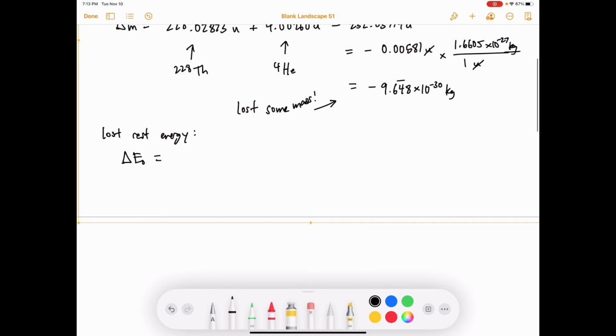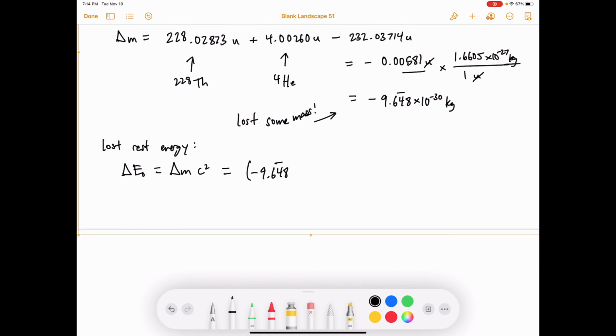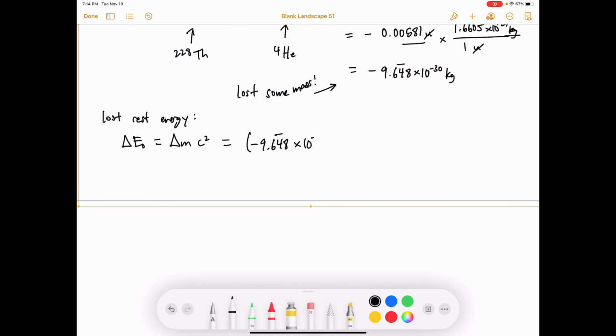So this is our delta M. If we multiply it by c squared, we get minus 9.648, keeping 3 sig figs now, times 10 to the minus 30 kilograms. c squared is 3.00 times 10 to the 8 meters per second, squared. And this works out to minus 8.683 times 10 to the minus 13 joules.